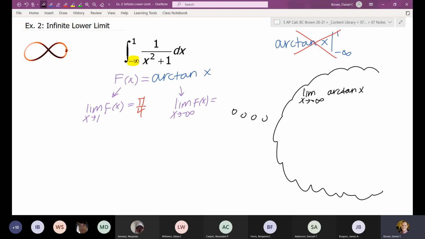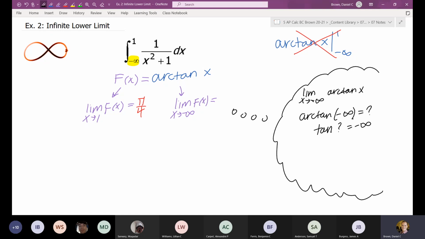So in my head, I might just think about, well, what is the arctangent of a super big negative number? And I think dealing with the inverse trig can be a little bit trickier. So you might think about it as what the tangent of something is a really, really big number.